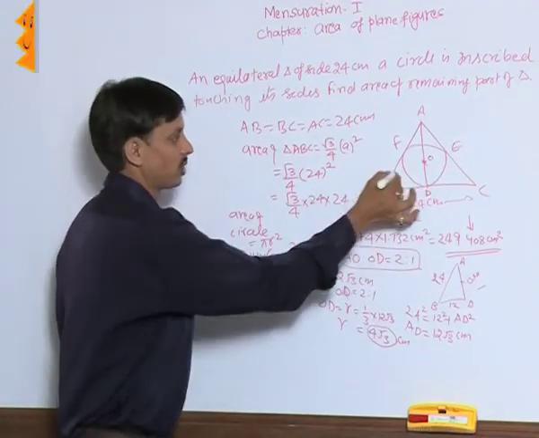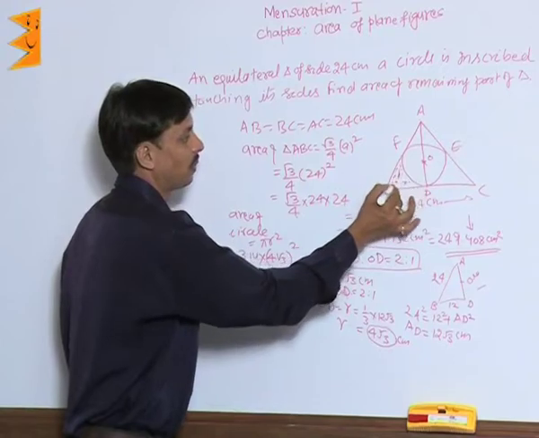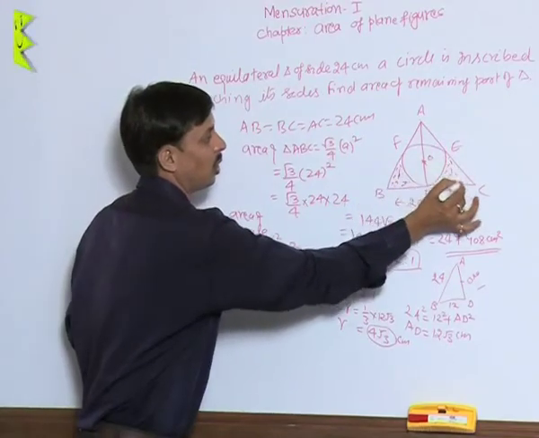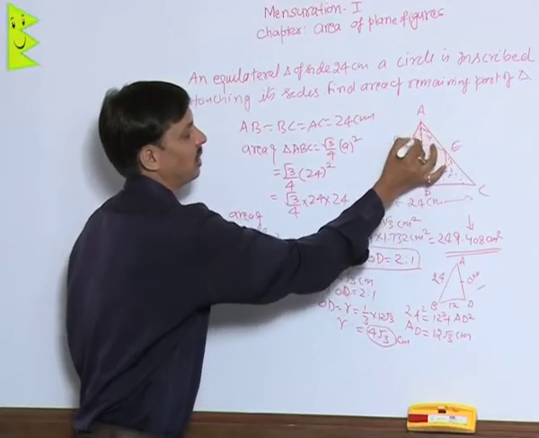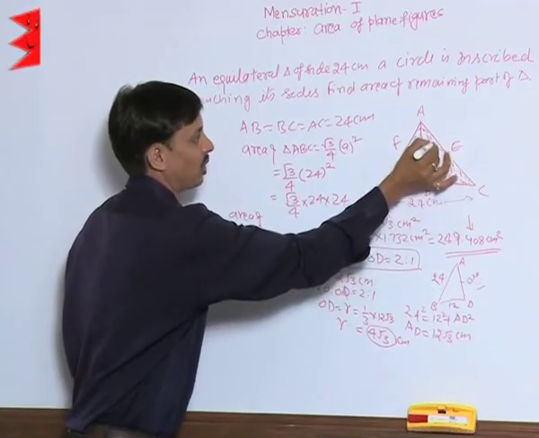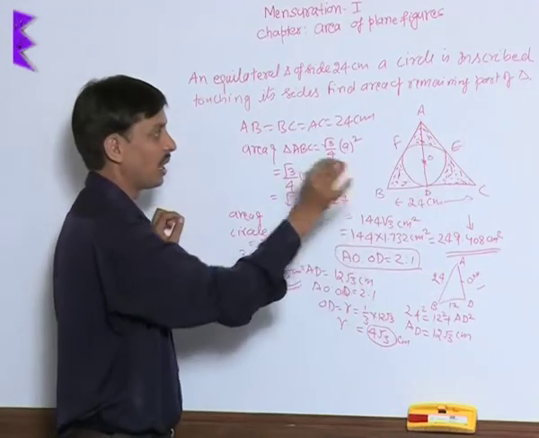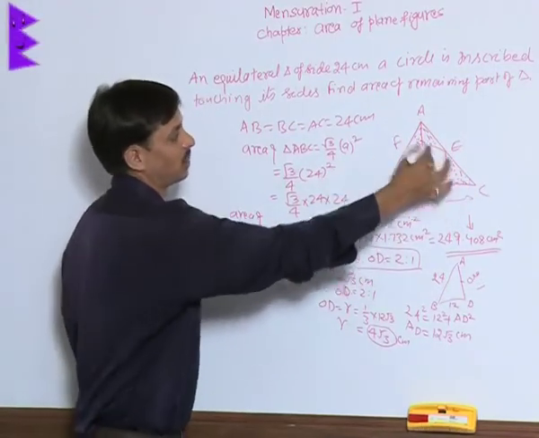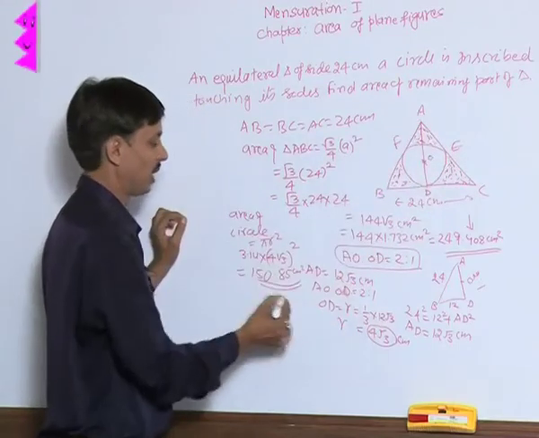We want to extract that area of the triangle which is not enclosed in the circle. That is the shaded portion, the dotted portion, which can be calculated by subtracting the area of the circle from the area of the triangle.